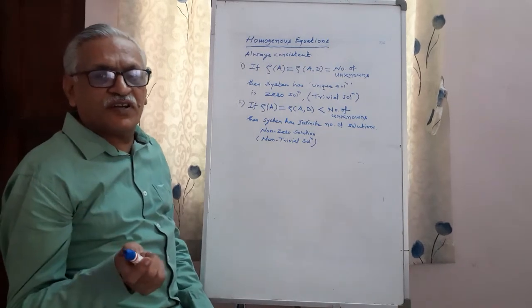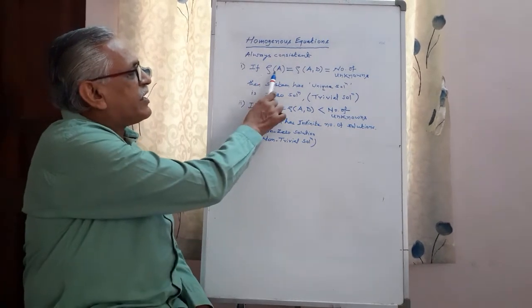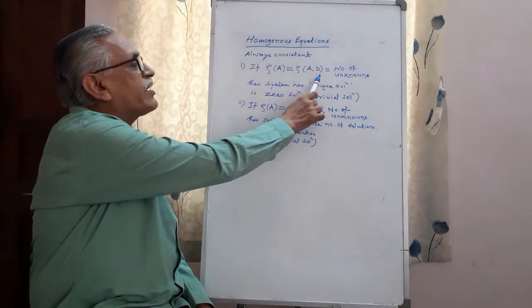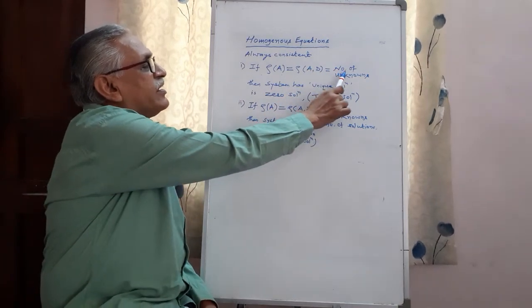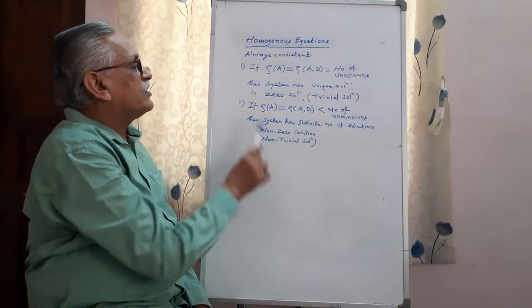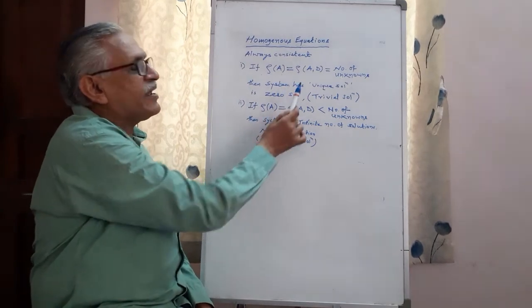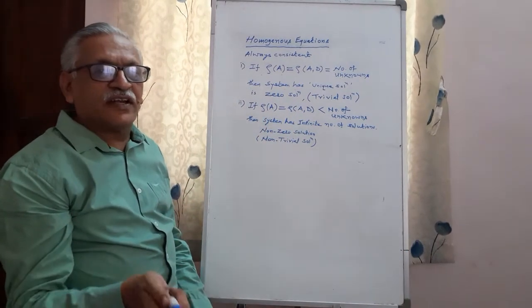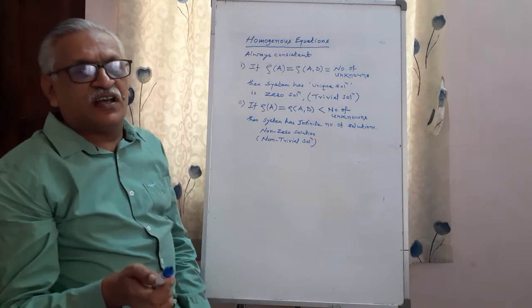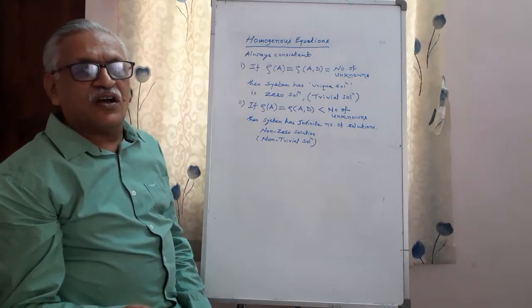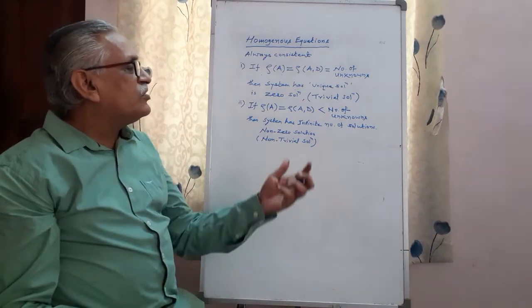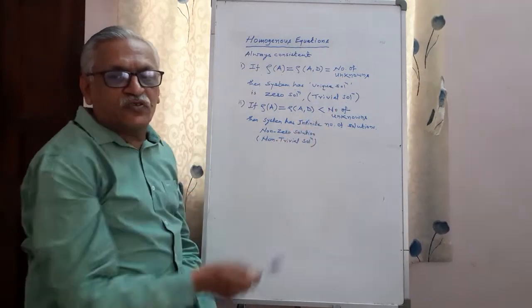Only two types of conditions. If rank of A is equal to rank of augmented matrix, and equal to the number of unknowns, then the system has a unique solution. That unique solution is the zero solution, also known as the trivial solution.